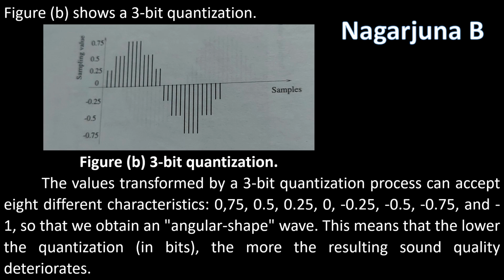Because of performing this 3-bit quantization, as you can see in this diagram, you get a shape, and that particular shape is called an angular shape wave. This means that the lower the quantization, the more the resulting sound quality deteriorates.